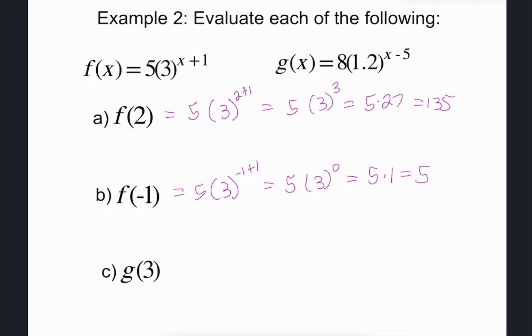Now let's go ahead and use our g function. So this time in C, we're going to plug 3 into our g function. So this is really 8 times 1.2 to a negative 2 power. So watch how you enter that into your calculator. So you're going to enter your 1.2 to a power of negative 2. You can get that answer, and then you multiply by 8.